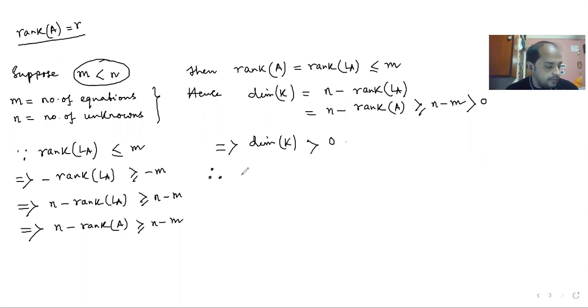therefore K is not equal to the 0 vector. I mean, the solution is not the 0 solution only.